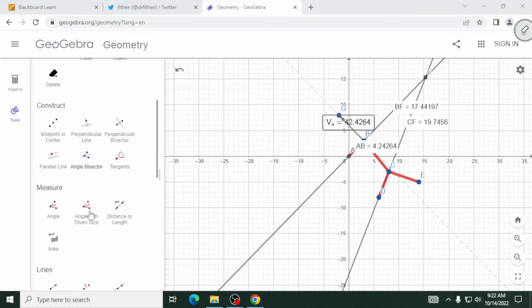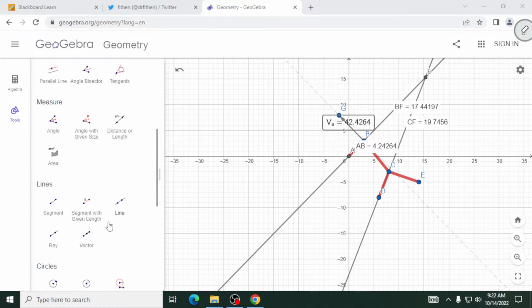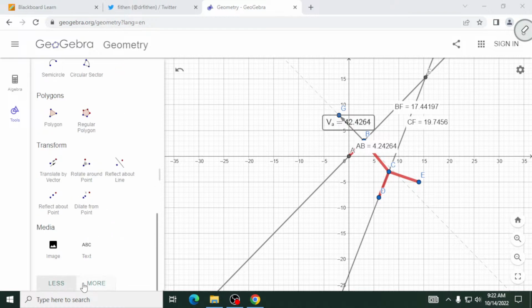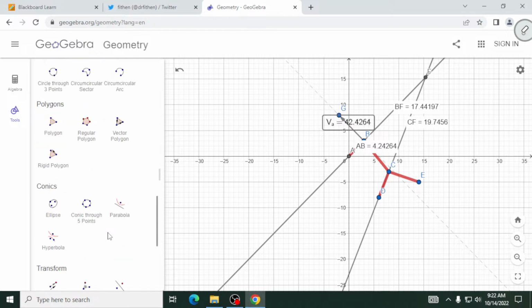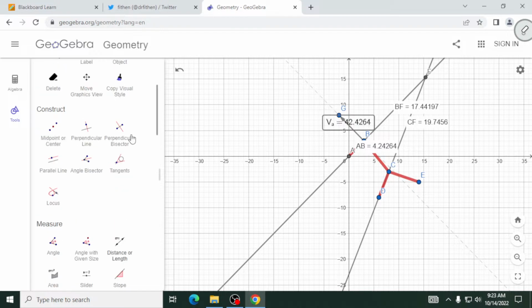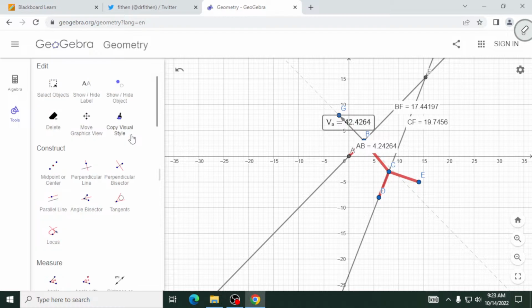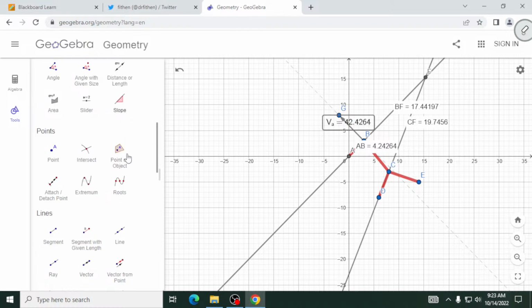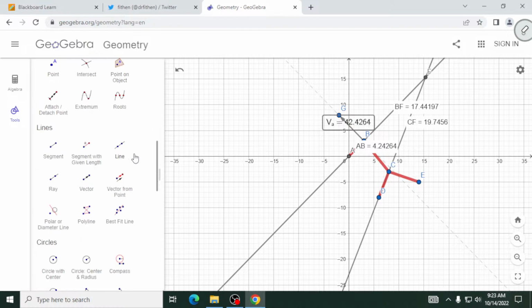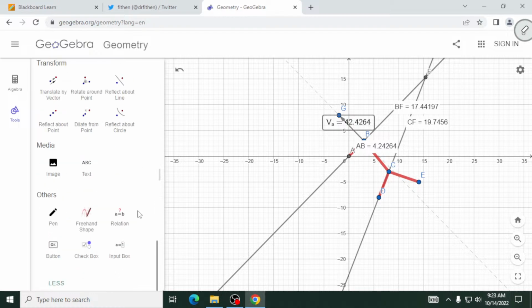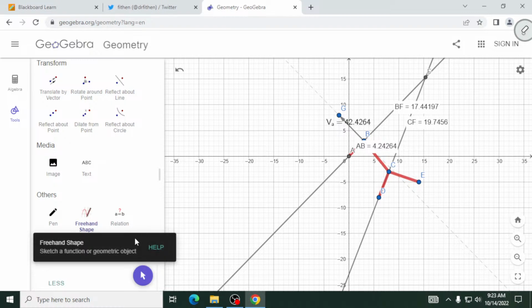Construction, measure, segment, circle, transform, more. Oh, there's a whole bunch more. I'm looking for just a freehand. There is a locus thing, but I don't know that I want to do that. Freehand shape. There we go.